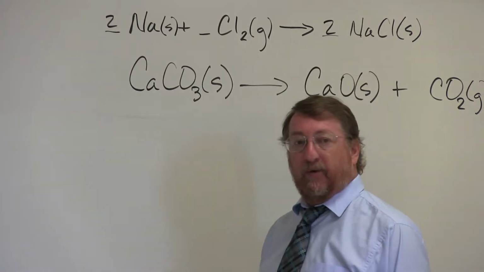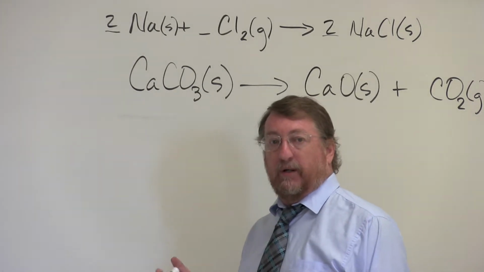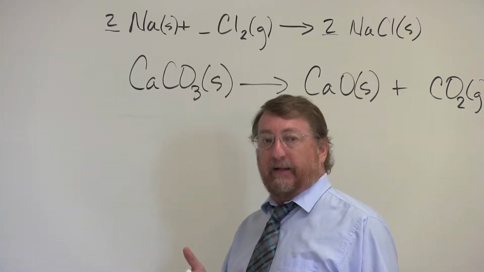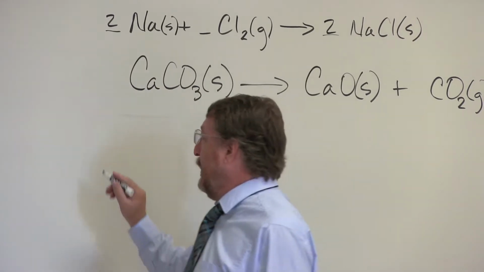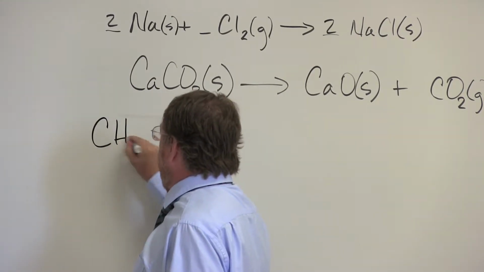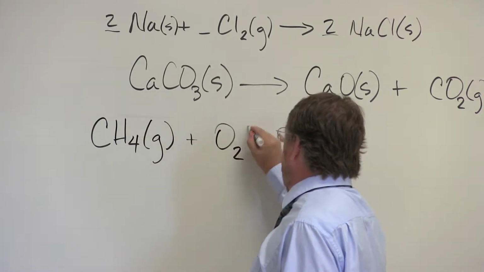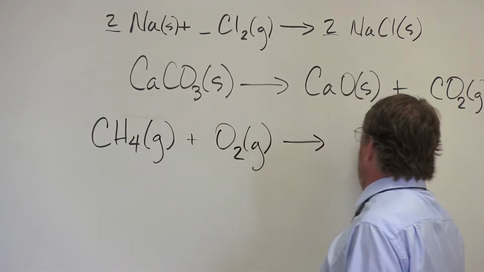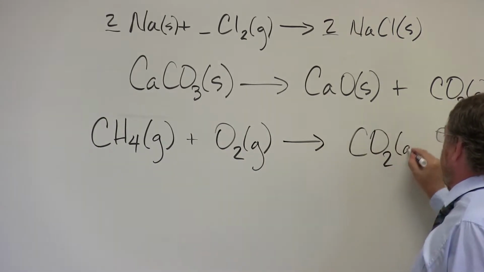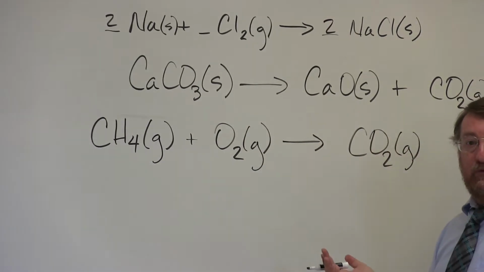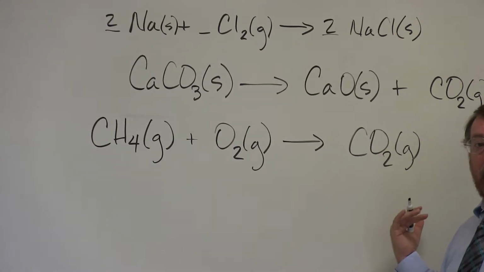Combustion is obviously a reaction with oxygen. Oxygen needs to be in the reactants, not the products. So reaction with oxygen. Natural gas is our classic combustion reaction. If the combustion reaction involves carbon and hydrogen, then we're going to get carbon dioxide and water.